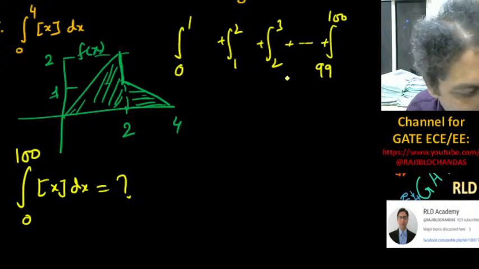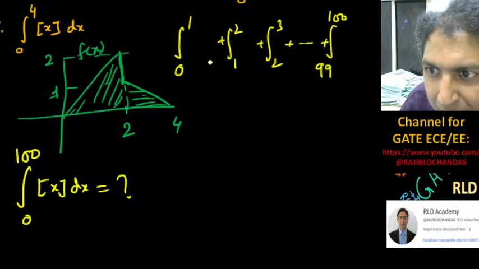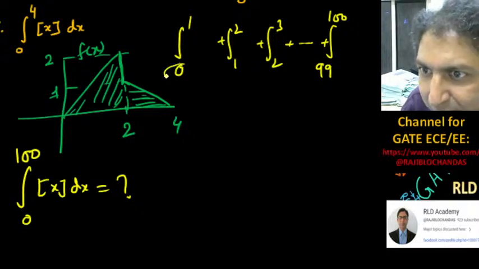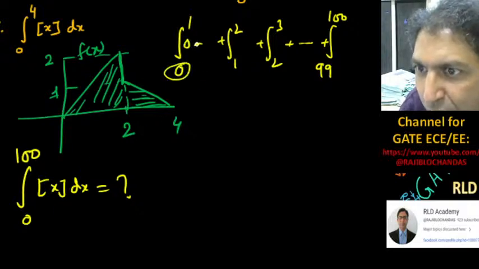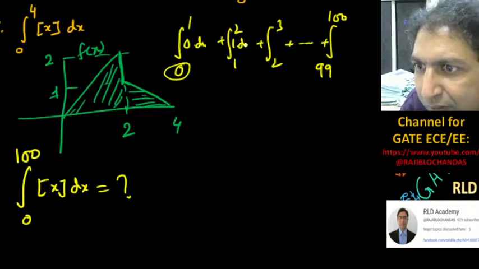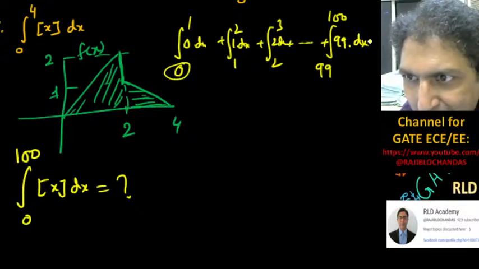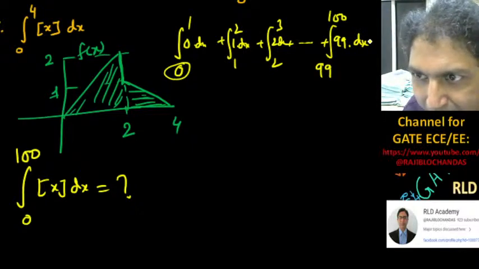Okay, I will break in this region. Then I replace the greatest integer of x with the lower limit. So this is 0 into dx, this is 1 into dx, this is 2 into dx, this is 99 into dx. Okay, I think you are getting the point.